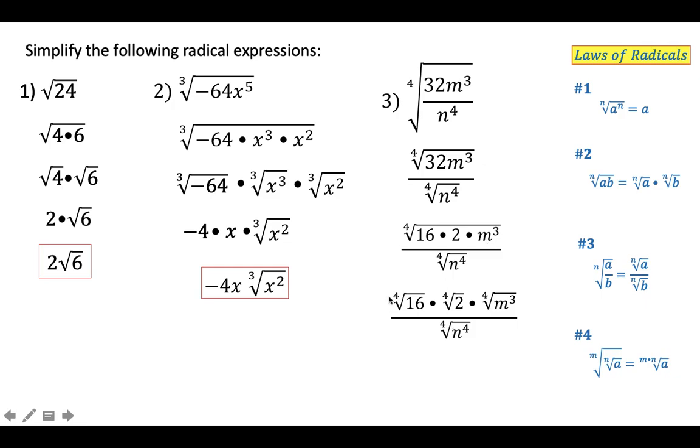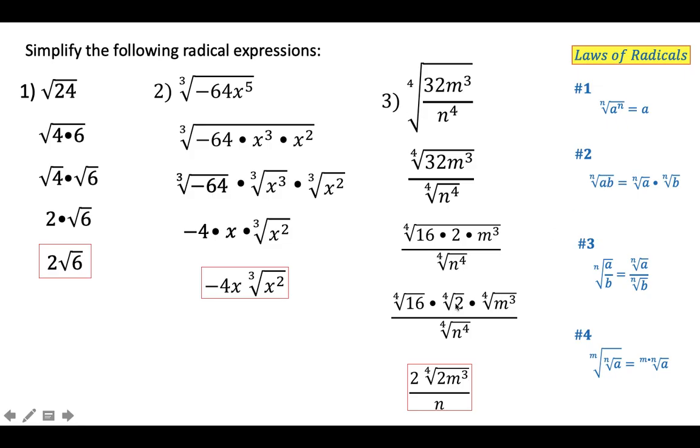Then finally, the fourth root of 16 is 2, because 2 times 2 times 2 times 2 is 16. Since the fourth root of 2 and the fourth root of m cubed cannot be simplified anymore, and because they have the same index, by the law of radicals number 2, again, we can combine the two radicals with the same index. So combining a and b, it becomes ab under the same radicand.